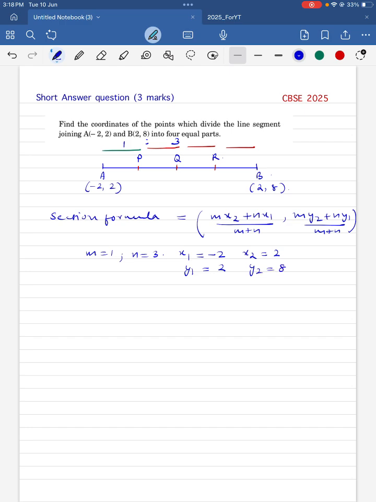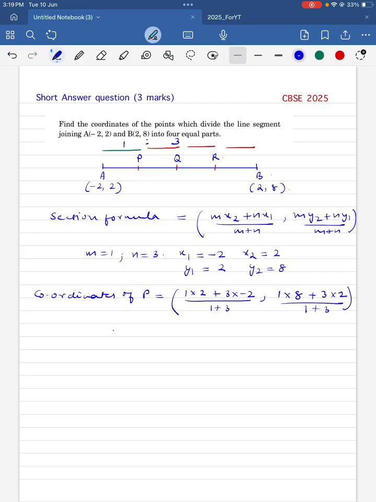Okay, now let's find the coordinates of P. Coordinates of P is equal to, m is 1. So 1 into x2, which is 2, plus 3 into x1, which is -2, divided by m plus n, which is 1 plus 3, comma m y2, which is 1 into 8, plus n into y1, divided by m plus n.